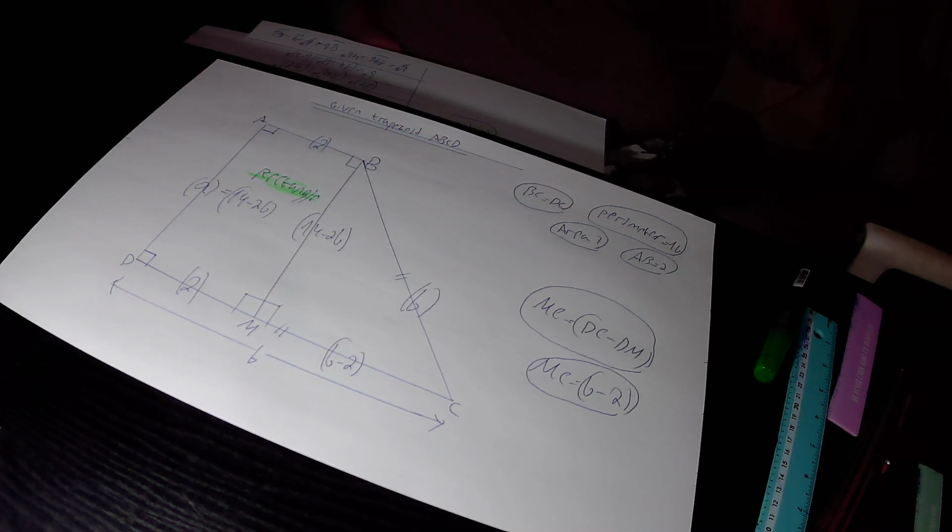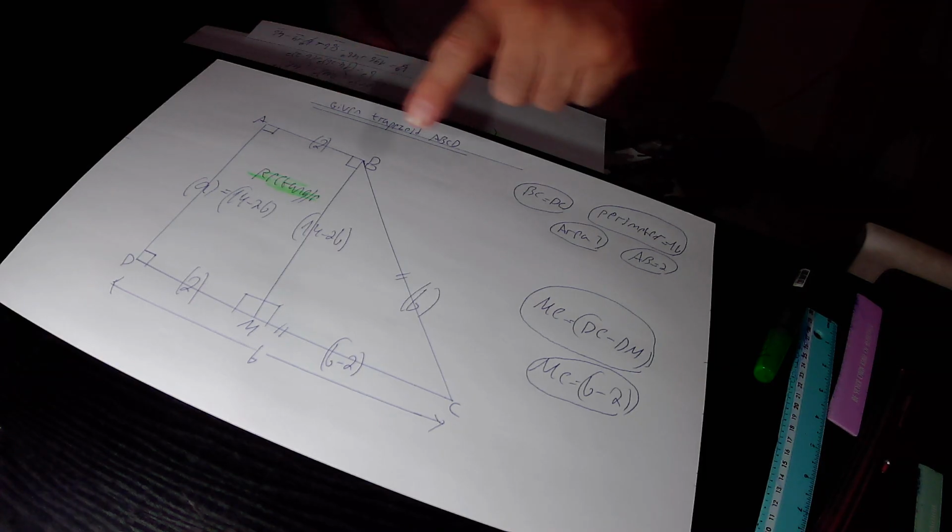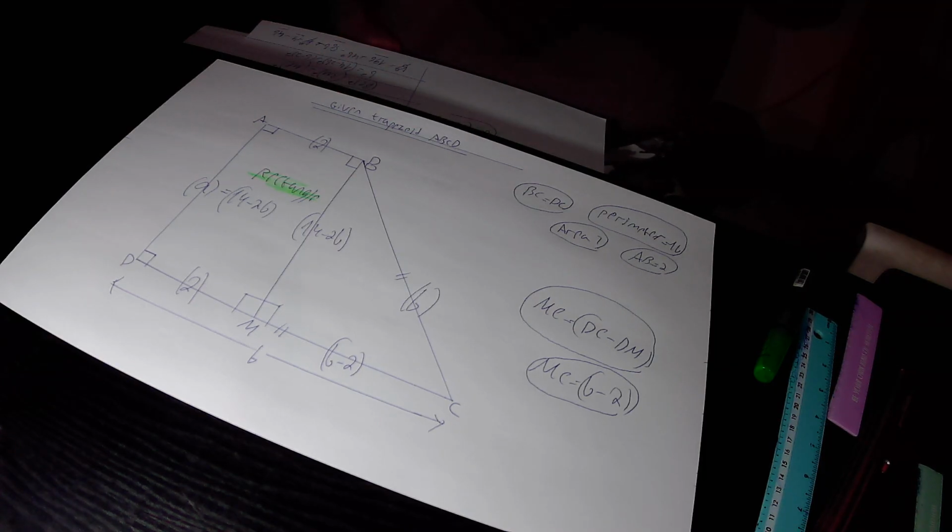We also know that the perimeter of this trapezoid ABCD is equal to 16 units. What is the perimeter? The perimeter is the sum of its four sides, and the sum of its four sides is 16 units.